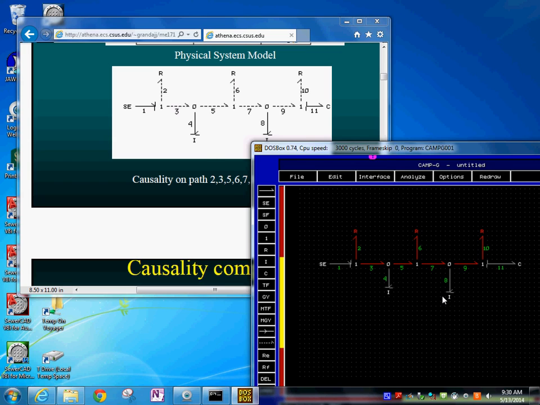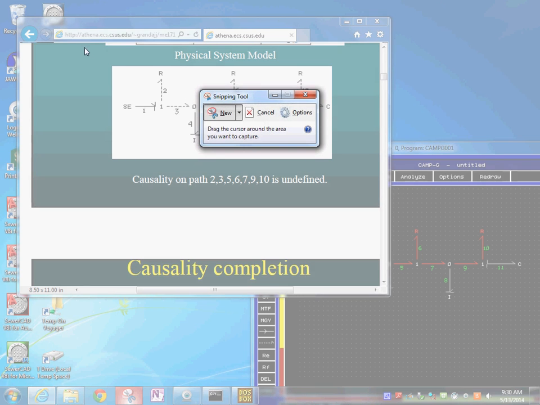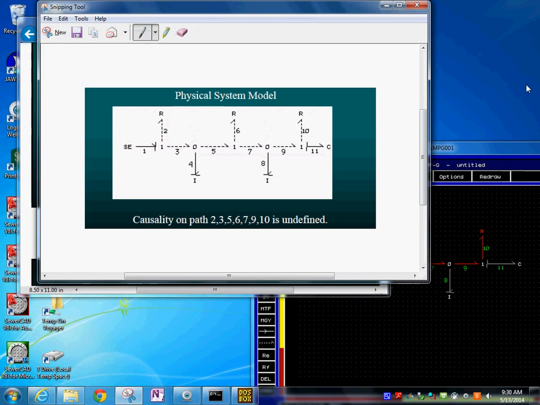Just for purposes of illustration, verification if you will, why don't I assign the causal marks in here? I'm going to do it with a red pen so that you can see what's happening. So I'm just going to do it by hand. If we assign it to the sources, see right there, the source in here, good.